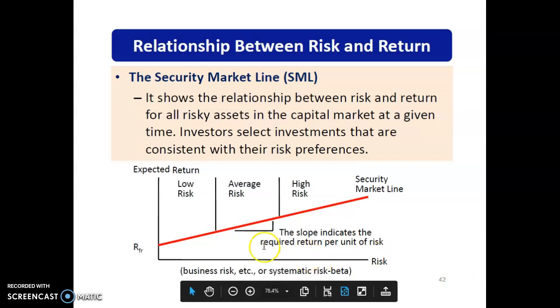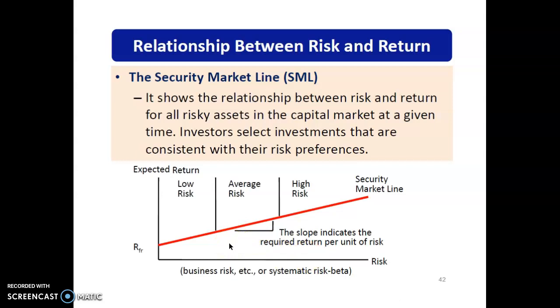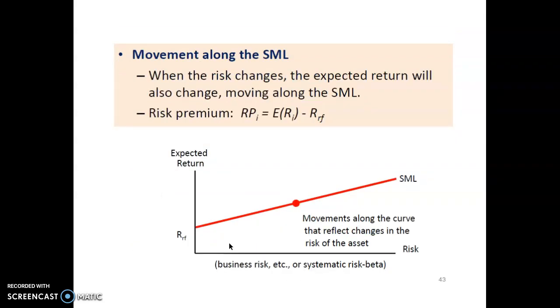As you can see here, as the value of expected return increases, of course the risk involved also increases. The slope here between risk and return indicates the required return per unit of risk. So you need to calculate the risk premium by looking at this. This is how you calculate it: you try to find the gap between the risk and return.